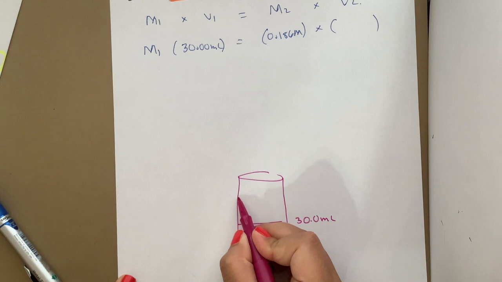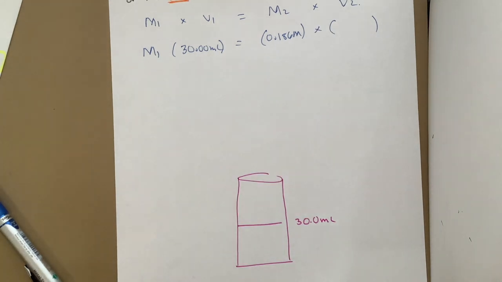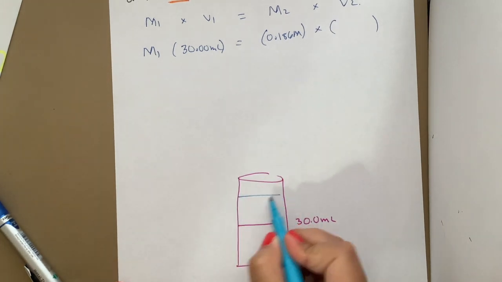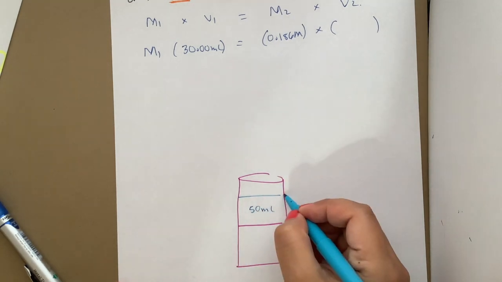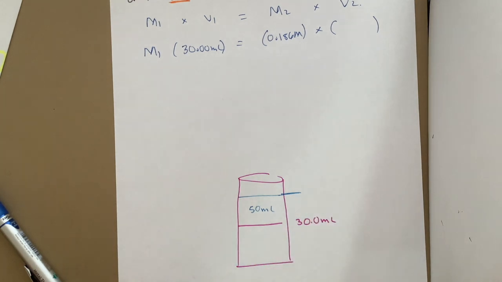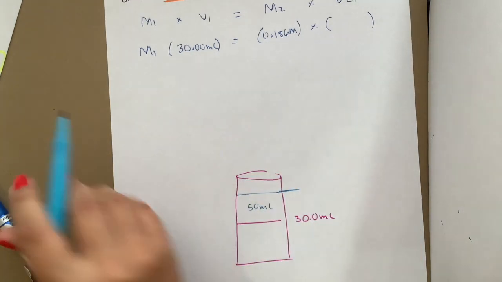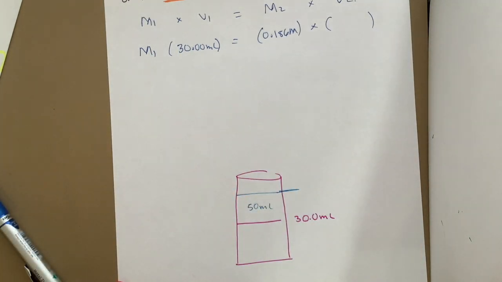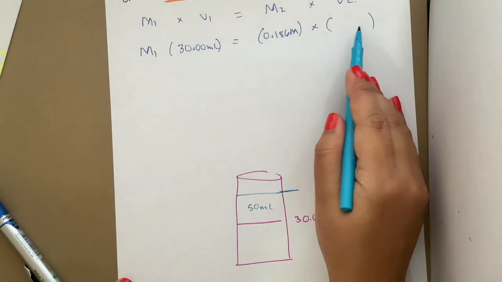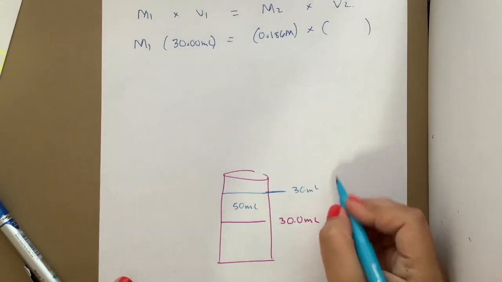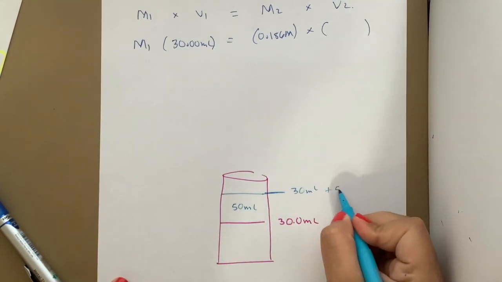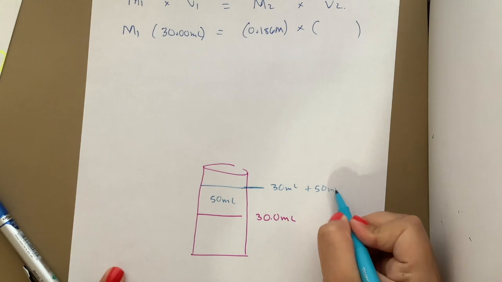So we add, let me do it in a different color, 50 milliliters of water. What is going to be our final volume? It is not 50. It is not 300. So we had 300. We added 50 milliliters of water. Our new volume, our final volume, is going to be 300 milliliters, which is what we had, plus the 50 milliliters that we added, 350.